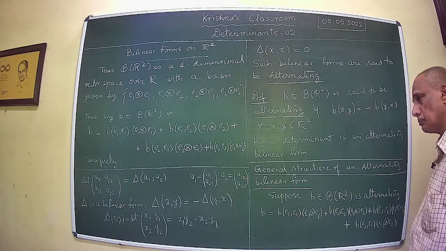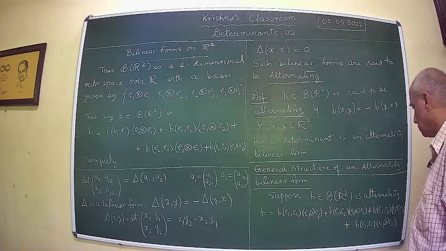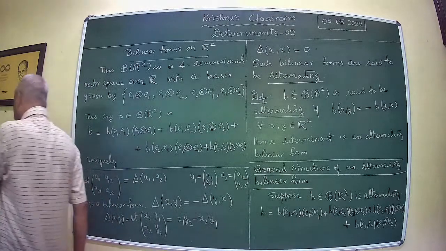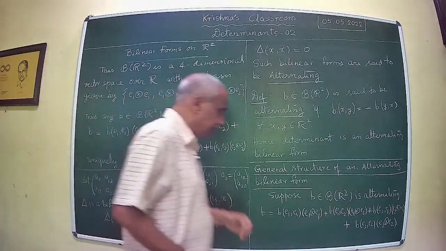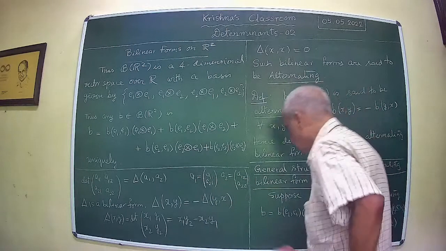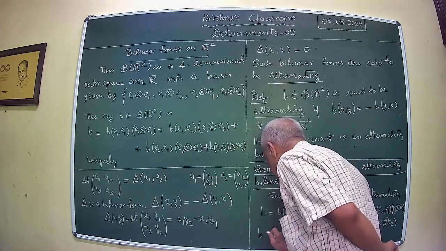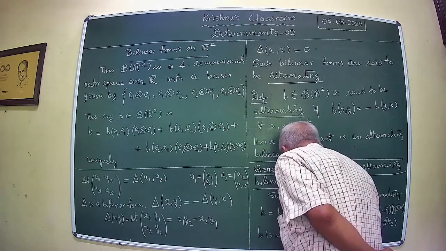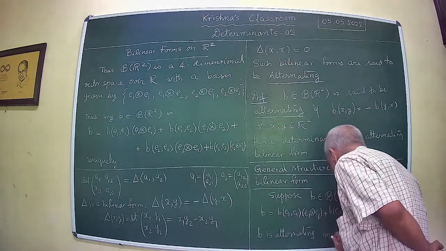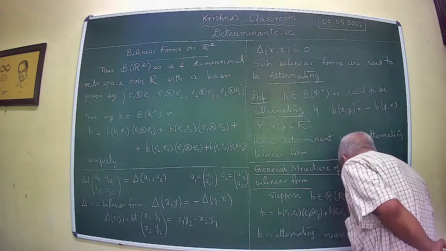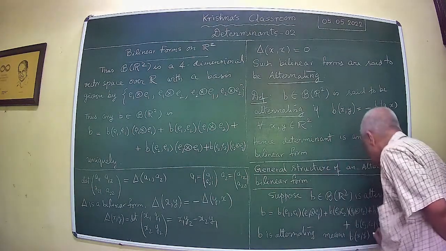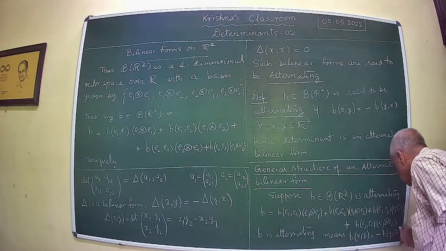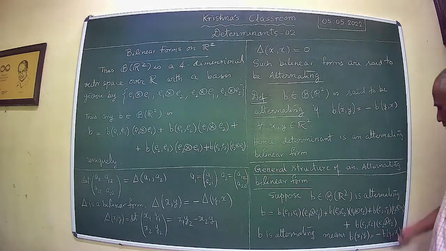Okay, right? B is alternating means B of E1, E2 equal to minus B of E2, E1. So we make use of this.